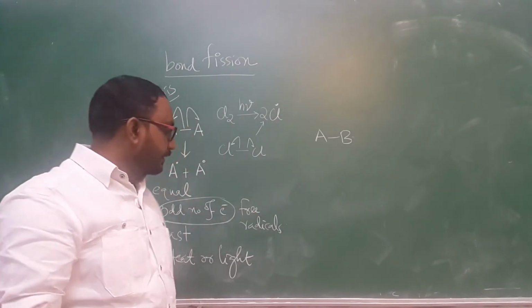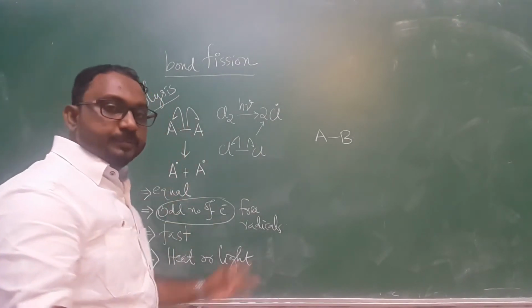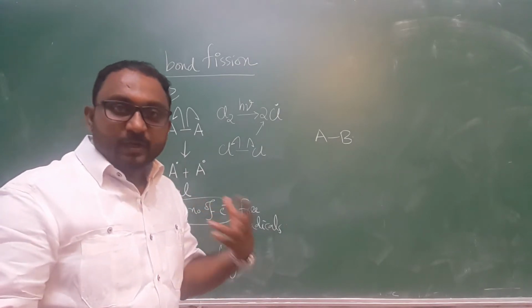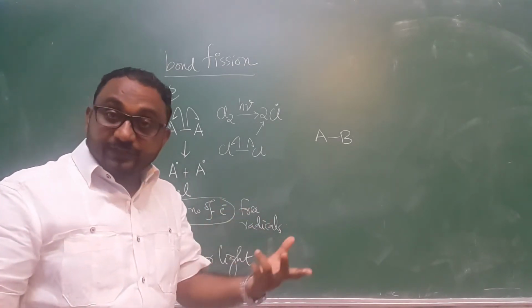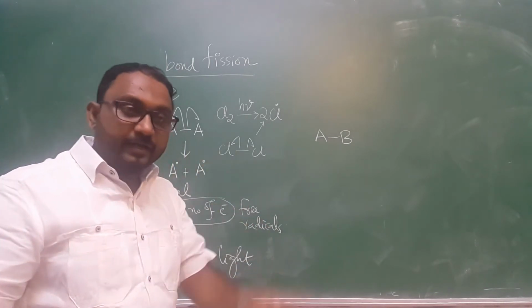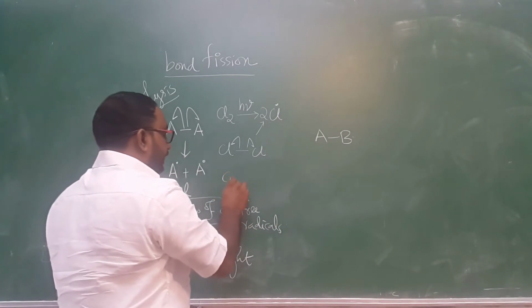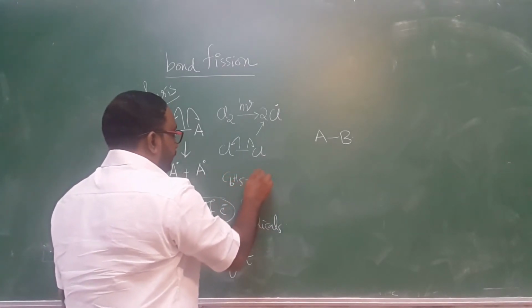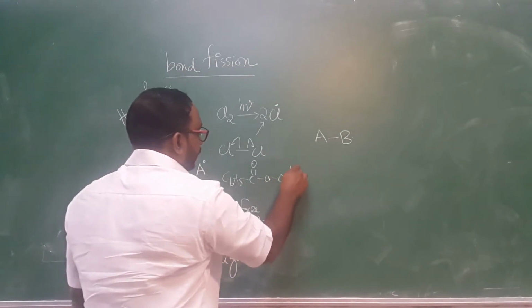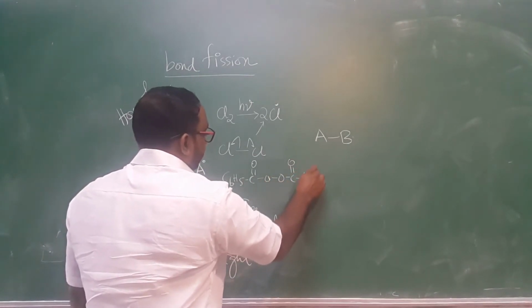Another example is the peroxide effect, which is due to the presence of a free radical, and that free radical is from C6H5COO-OCOC6H5.